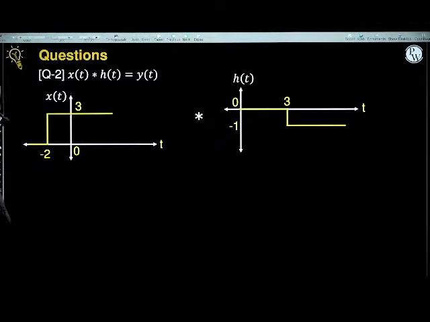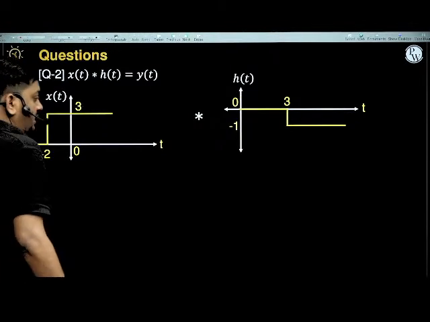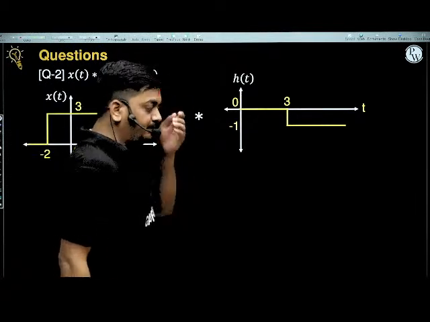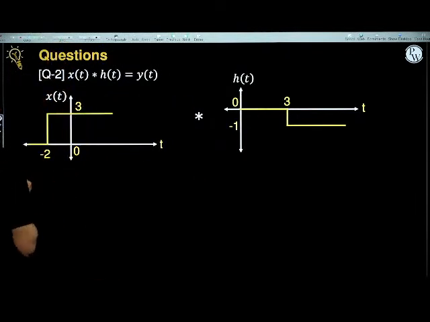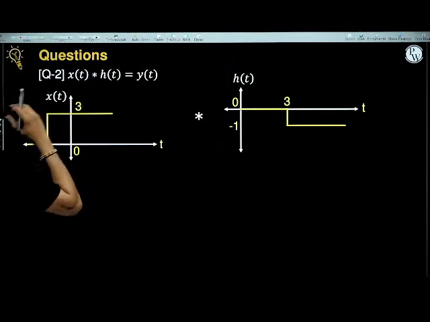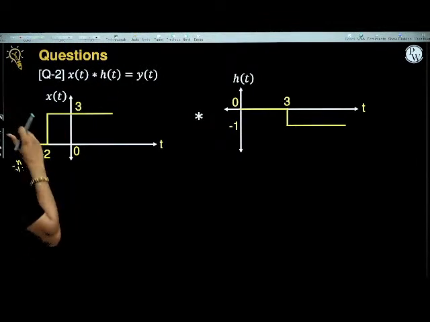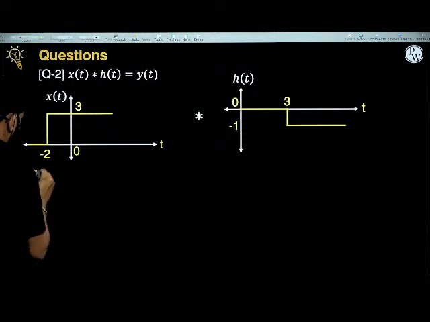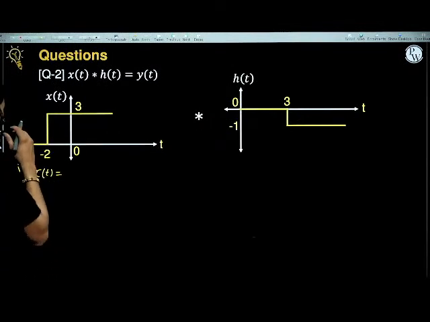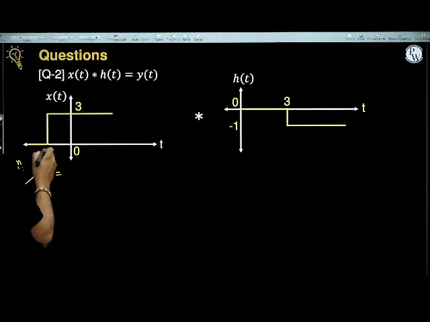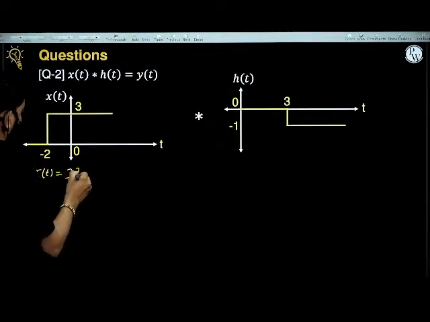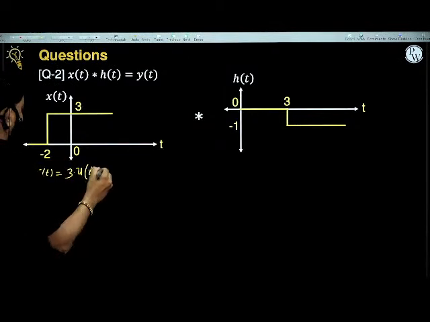This question, guys, we can also solve in the same way. So try this question yourself. Here y of t equal to x of t convolution h of t. First, x of t is equal to a step function with amplitude 3 going towards the right side, so t opposite sign here.